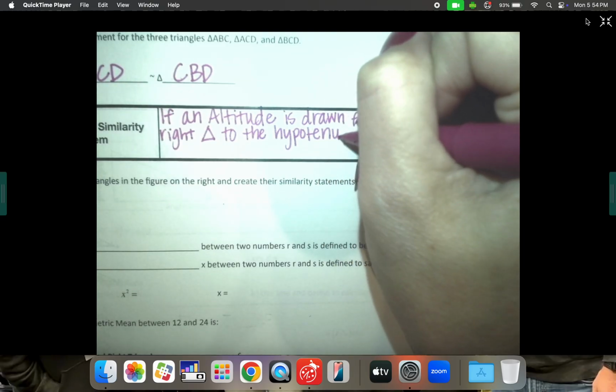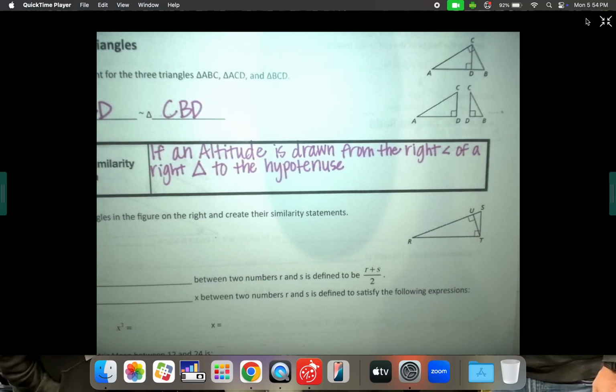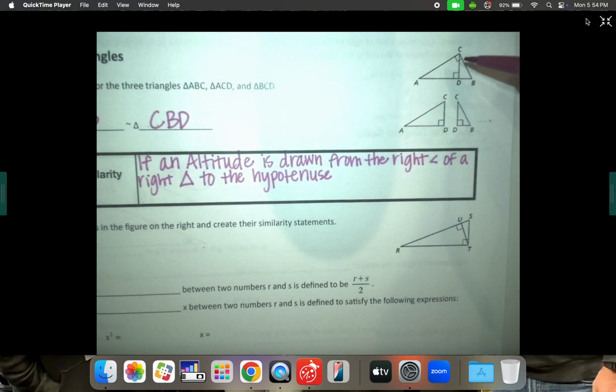So just to make sure this is making sense to you instead of just a bunch of words. The altitude is drawn from the right angle to the hypotenuse. So see what we did up here? We took it from the right angle and drew it straight down the altitude to the hypotenuse side.